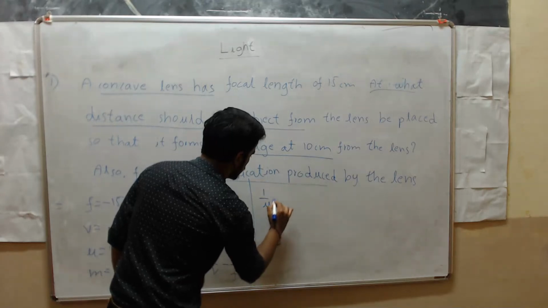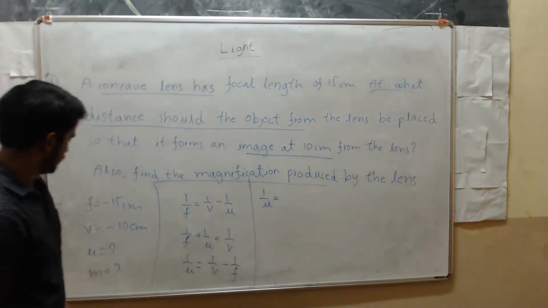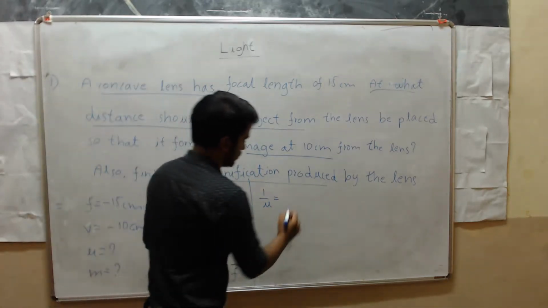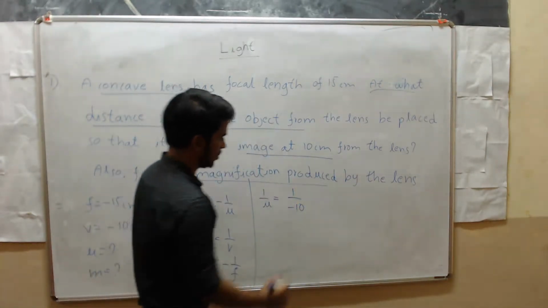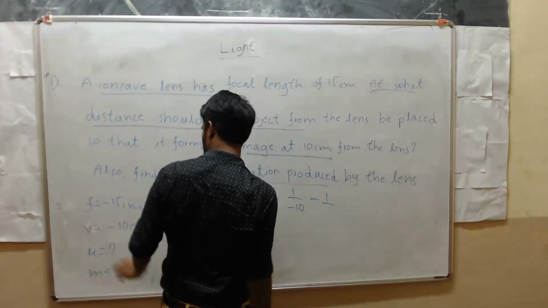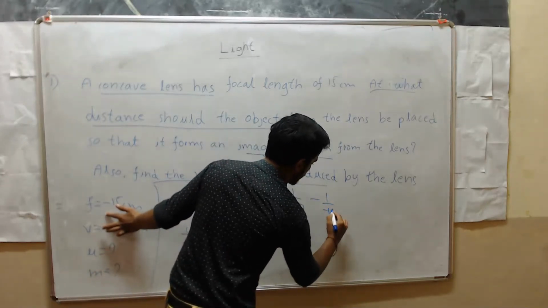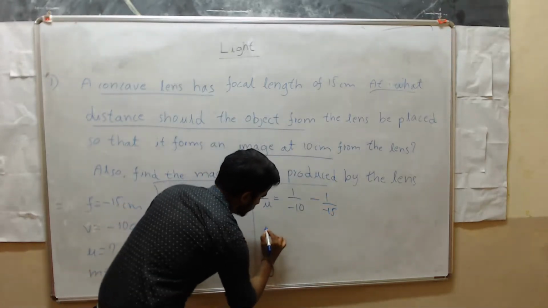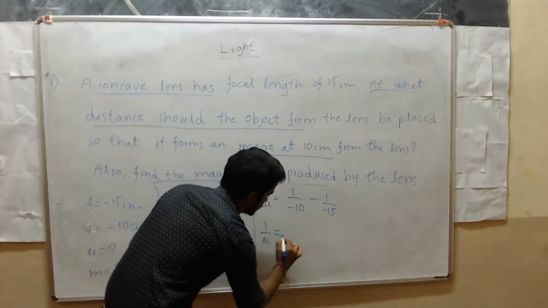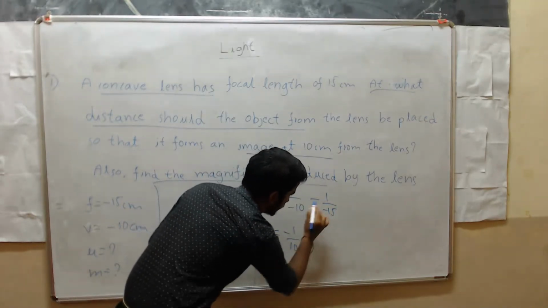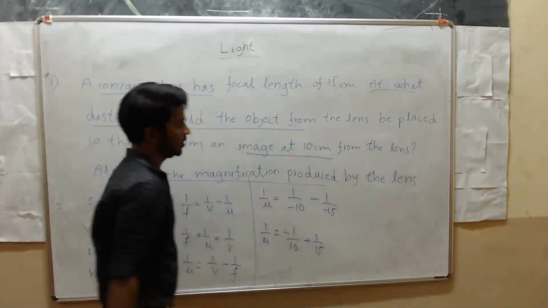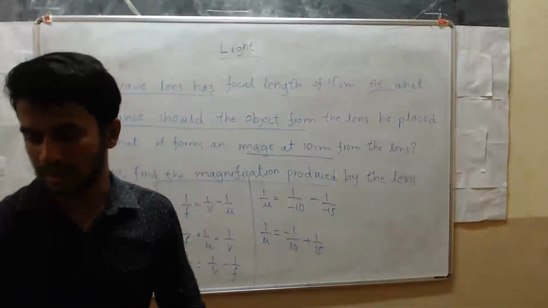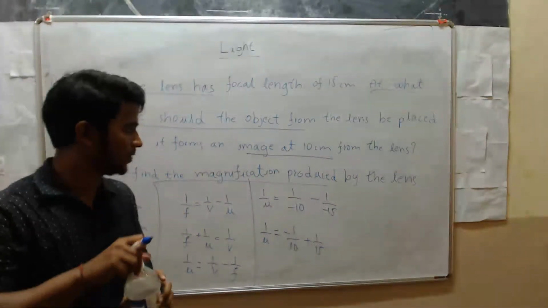1 by u is equal to 1 by v. So v is minus 10, right? Minus 10, then f value minus 15 centimeter. So 1 by u is equal to minus 1 by 10 minus by minus, that is plus 1 by 15. Then what is the LCM of 10 and 15?